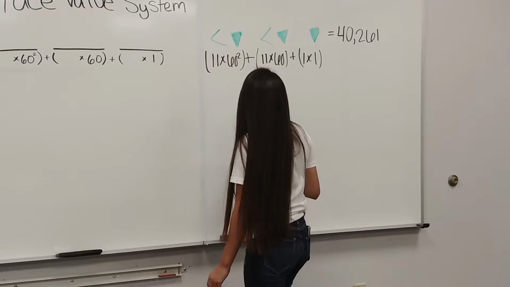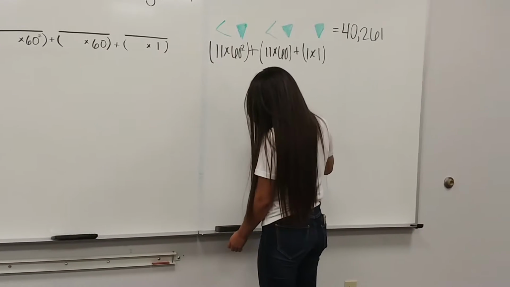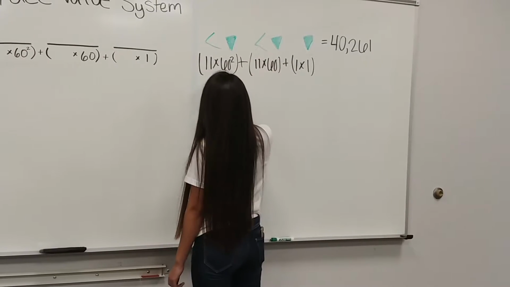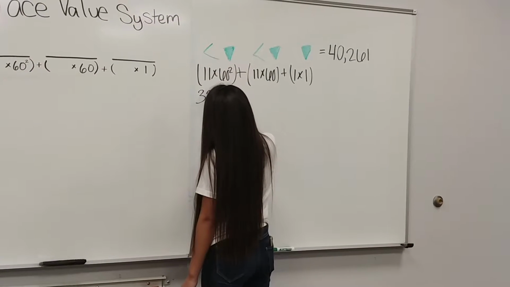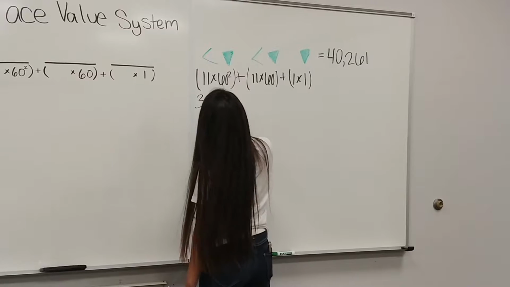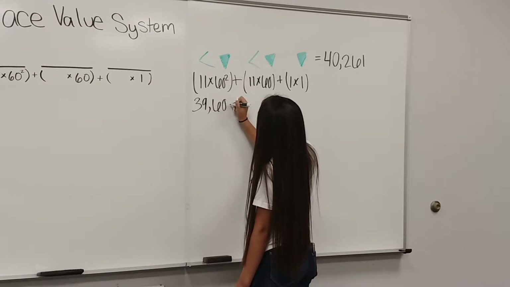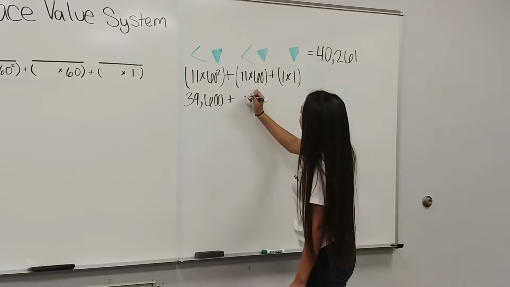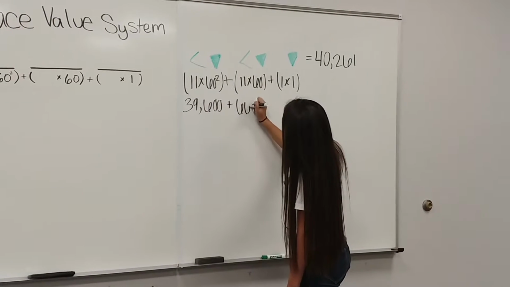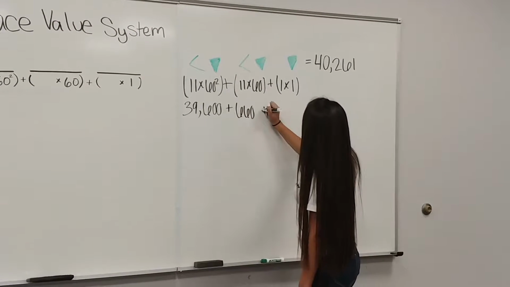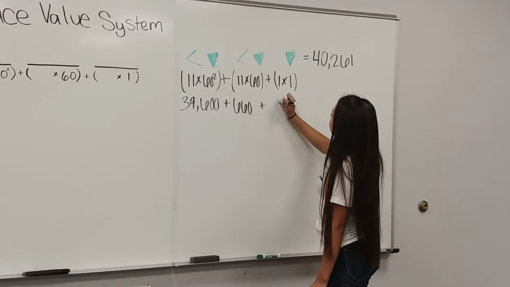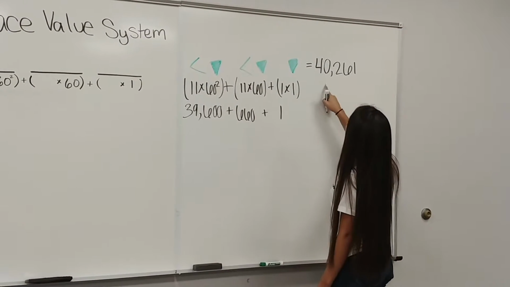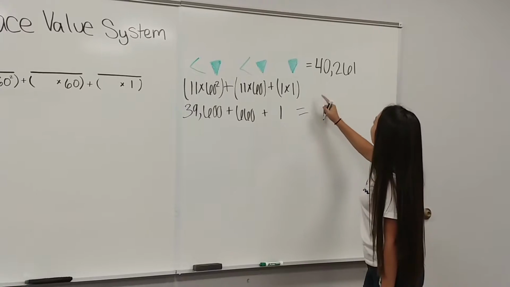And you add these together, so 11 times 60 squared is 39,600, plus 11 times 60, 660, plus 1 times 1.